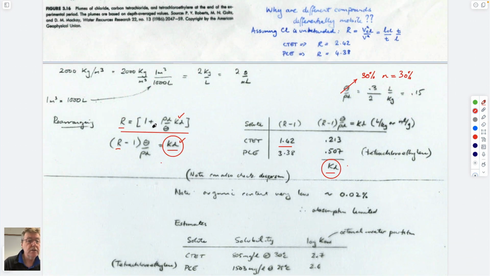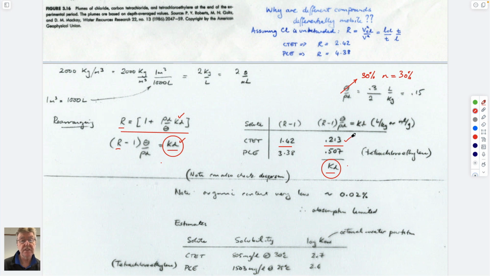Once we had the retardation coefficients, we could change this equation around to get Kd as a function of retardation coefficient, and we got that. For carbon tetrachloride, I guess our Kd was 0.213 milliliters per gram.